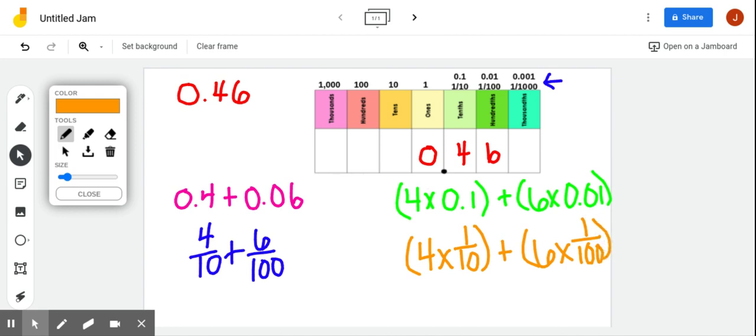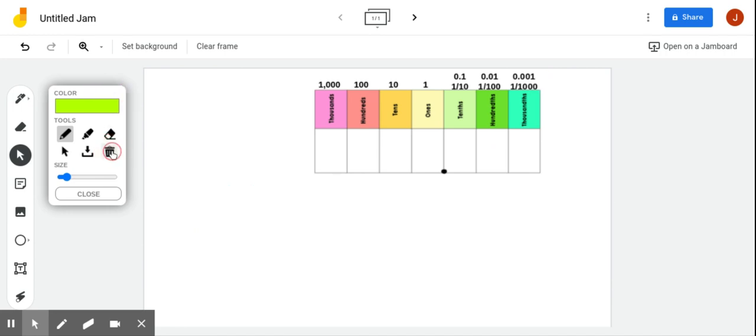So there are your 4 ways. The value of each digit in decimal form, the value of each digit in fraction form, and then over here, finally, you can see that we took each digit, the 4 and the 6, and multiplied it by the place value that it's in. So let's go ahead and take a look at another example.